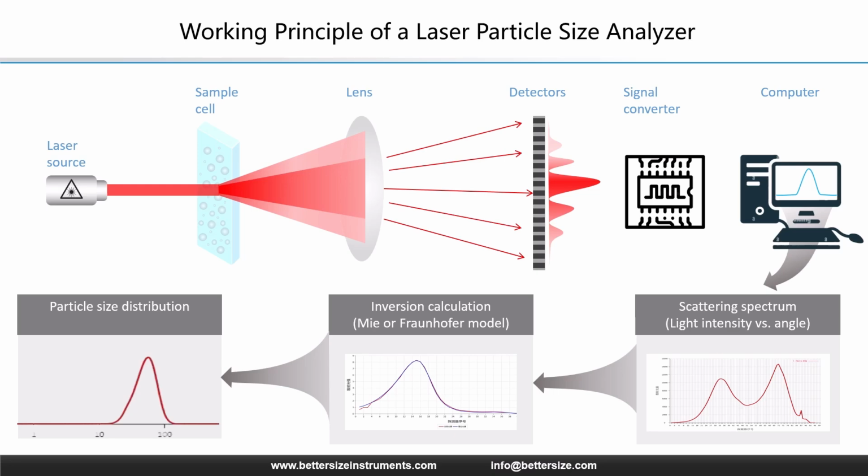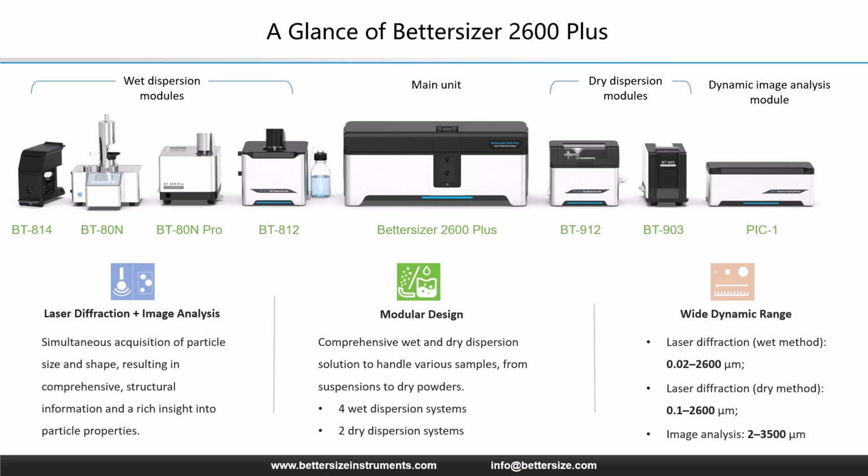It works backward from the light pattern to the particle reality, and the result is what you see on the bottom left, your final particle size distribution. So, the quality of your result depends on two things: precise hardware to catch the light and a powerful algorithm to decode it.